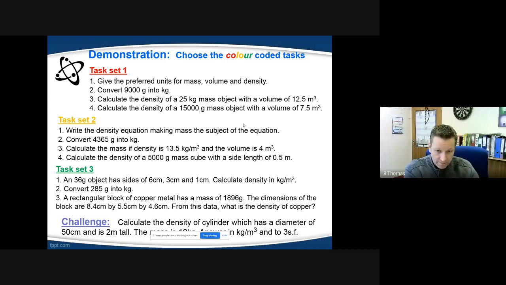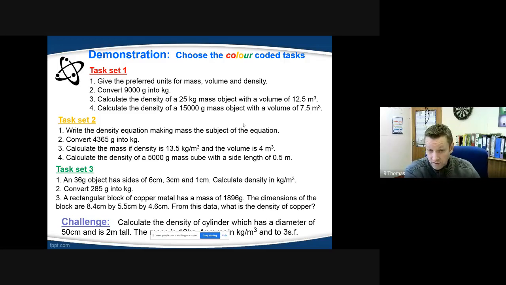Right, task number 3. A 36-gram object has sides of 6, 3, and 1. So we have to assume it's a cuboid. That 6, 3, and 1 is in centimeters. The mass is in grams, and they want the density in kilograms per meter cubed. So the first thing you've got to do is convert 36 grams into kilograms. So that's 0.036.